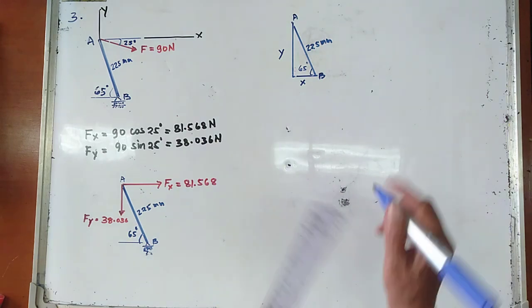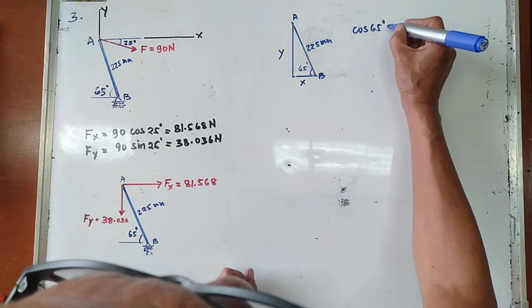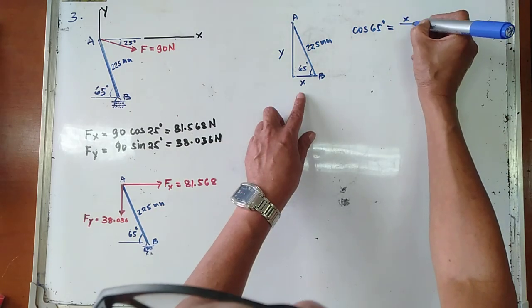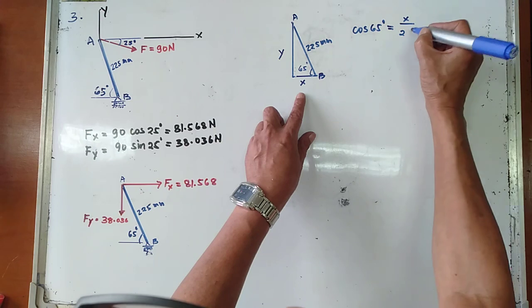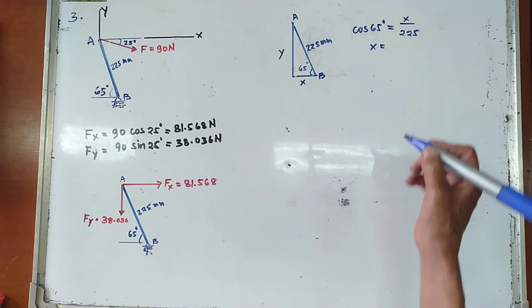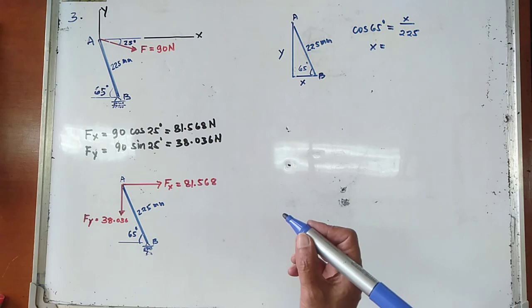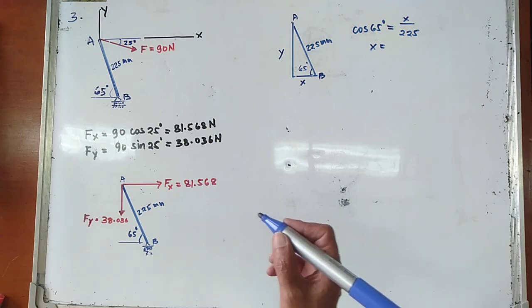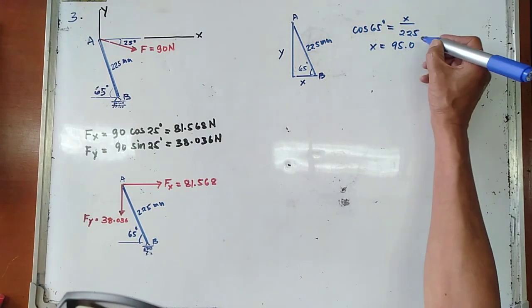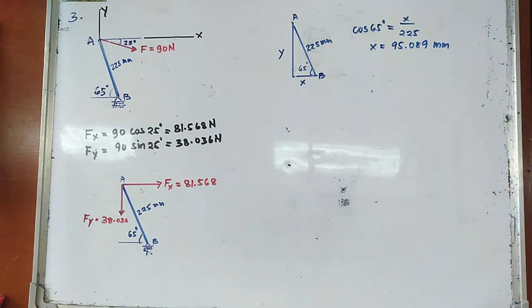If you get the cosine of 65 degrees, this is equal to x all over 225 mm. So the value of x in here is now equal to 95.089 millimeter.